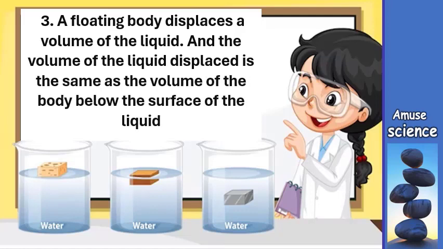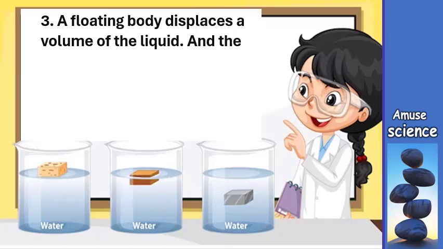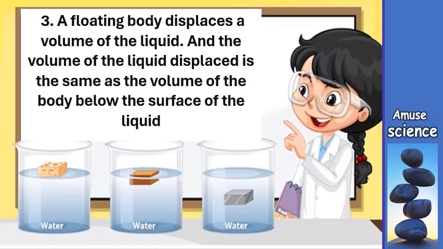This third point is very essential for our understanding of flotation, and so I take it again. A floating body displaces a volume of the liquid in which it floats, and the volume of the liquid it displaces is the same or equal to the volume of the body below the surface of the liquid.